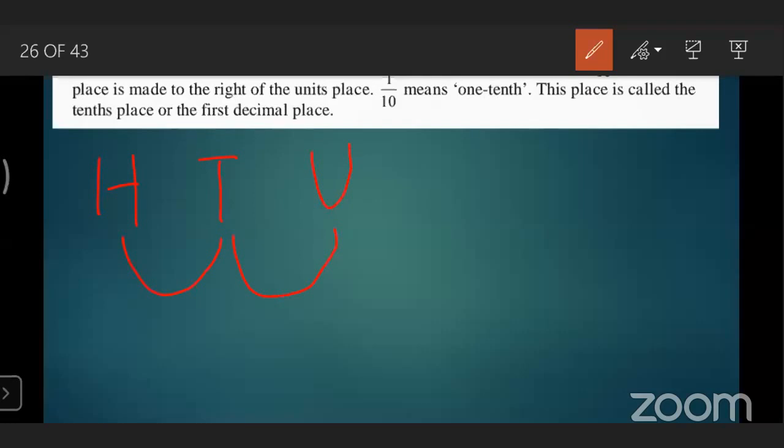Now we are dividing unit into 10 equal parts. One is a unit, right? Now that one we are dividing into 10 equal parts, so the fraction will be 1 upon 10, means 1/10. So this place is called the tenths place, and this place is next to the unit place, and it is called the first decimal place. Before writing that first decimal place, we are putting one dot there. Is it right? Yes. So we are putting that dot here.